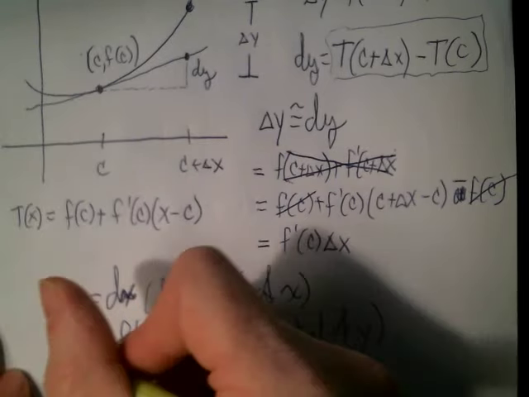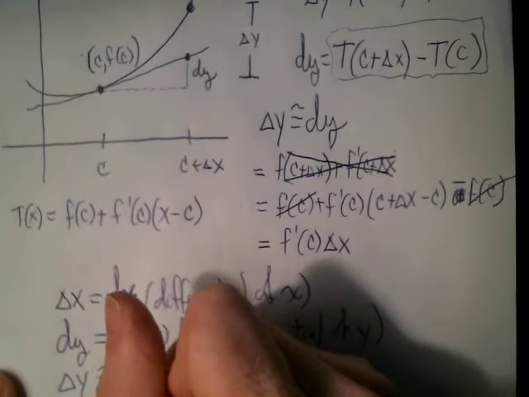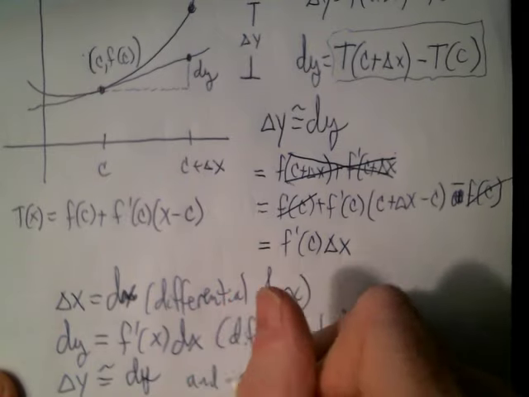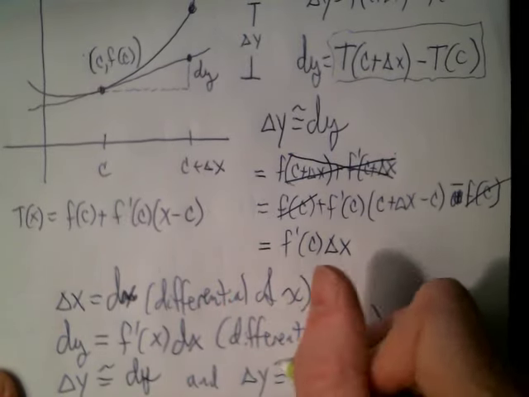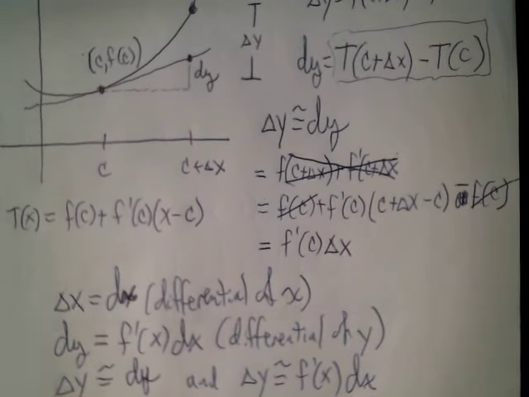And then just let me additionally say, change in y, we're going to be approximating that with dy. And change in y we'll say is approximately equal to f prime of x dx.